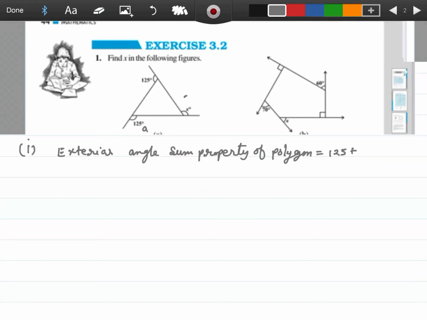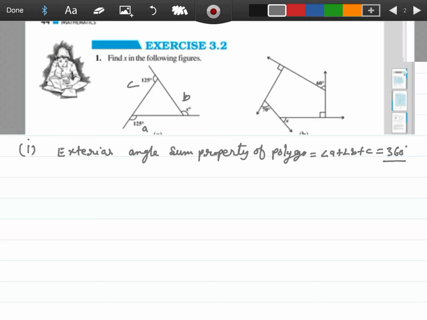125, इसको आप नाम दे सकते हैं A, B और C. So by the exterior angle property of a polygon, angle A plus angle B plus angle C is equal to 360 degrees. All these are exterior angles, and we have learned that the sum of the exterior angles of a polygon is always 360 degrees.